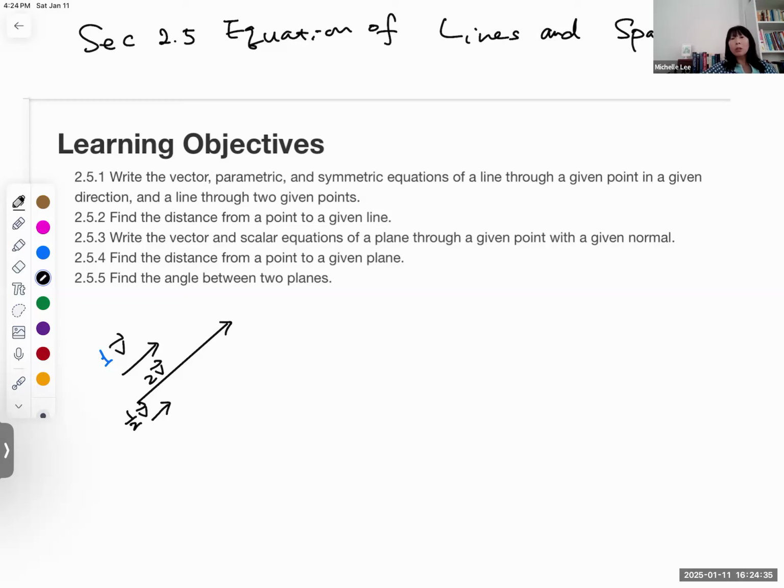Okay, so take a look. We call these parallel vectors. In that case, they go in the same direction, right?